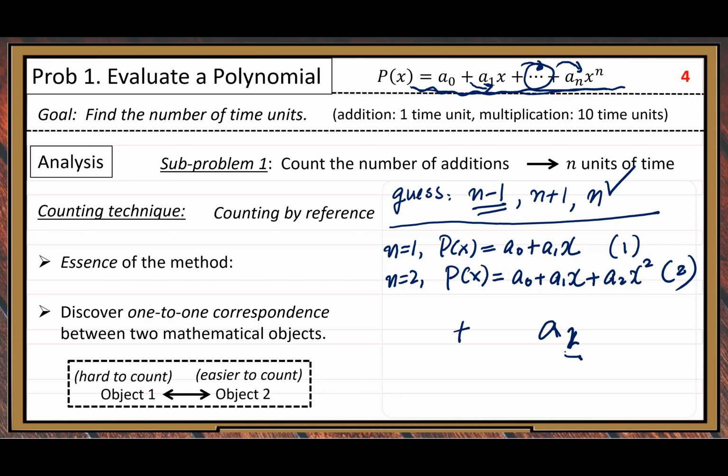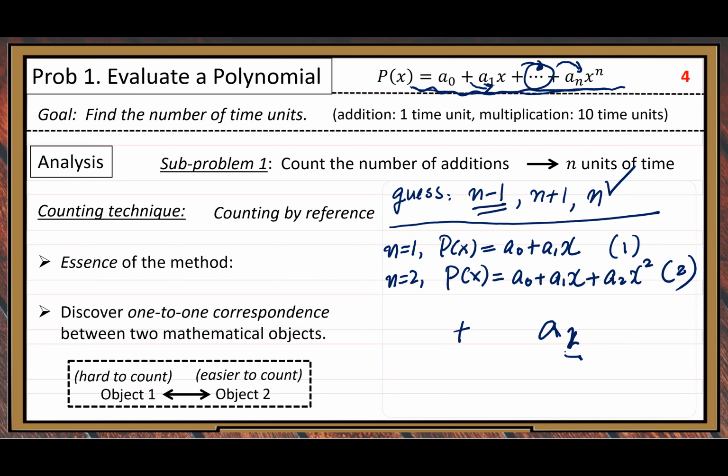N, right? Easy to keep track of, much easier than counting the number of plus signs. So we make that switch. So you can tell me the number of additions is N.